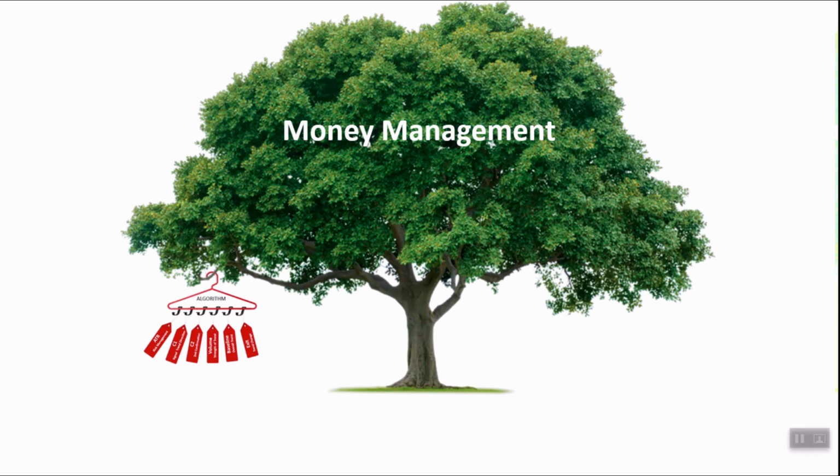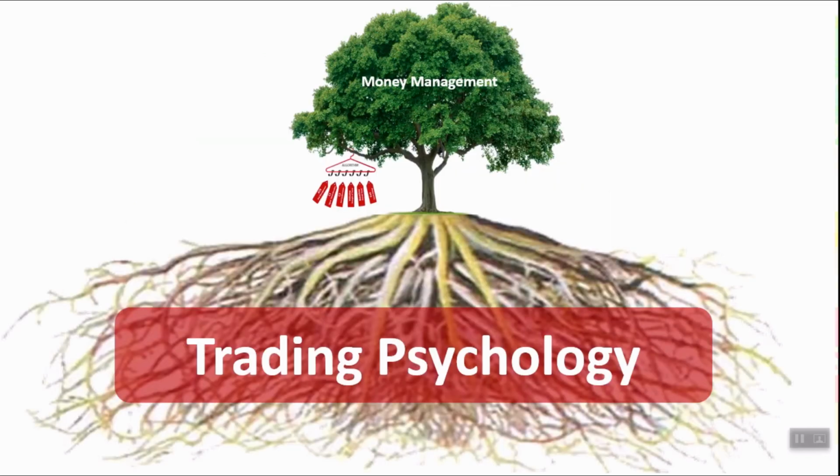And even more so than that is your trading psychology that goes along with this. Underneath that tree is a root system of trading psychology, and that has to be solid. That has to be set for you to be successful as well.